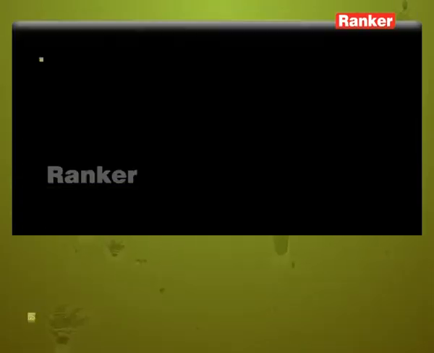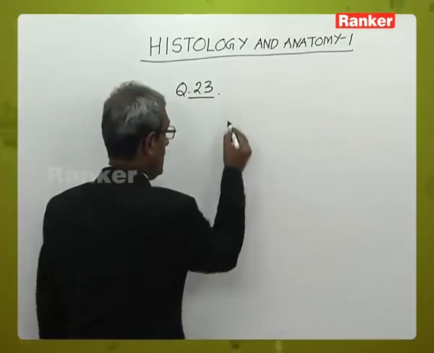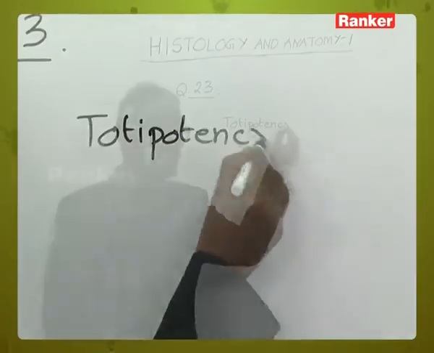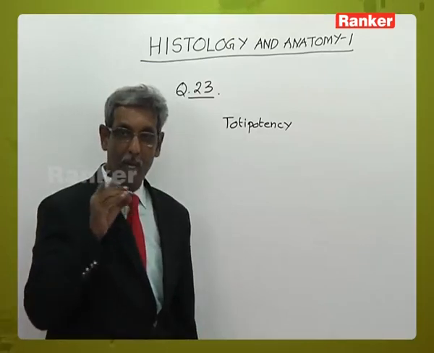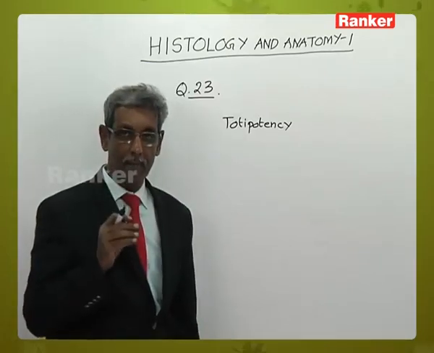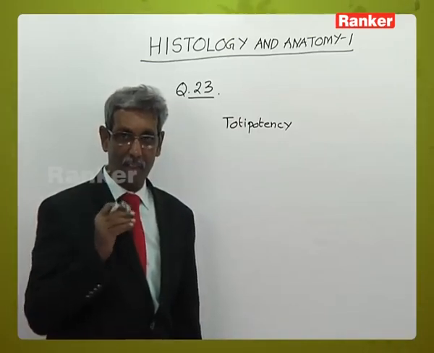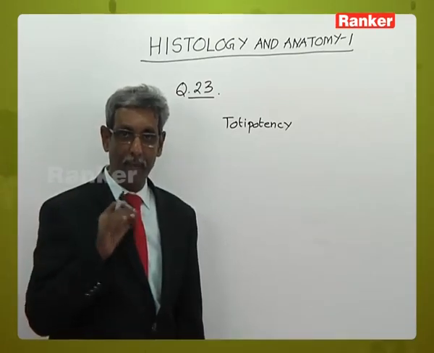Question number 23. Totipotency is present in A. Meristem, B. Cambium, C. Phloem, D. Cork. When you take totipotency, totipotency is the inherent property of any particular plant cell to differentiate and redifferentiate and have the capability to form the entire plant.